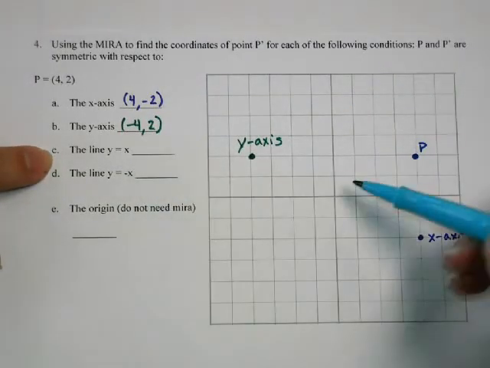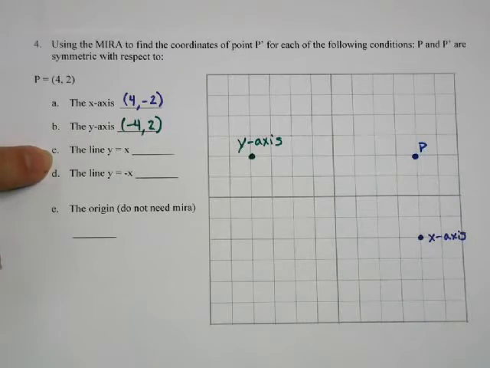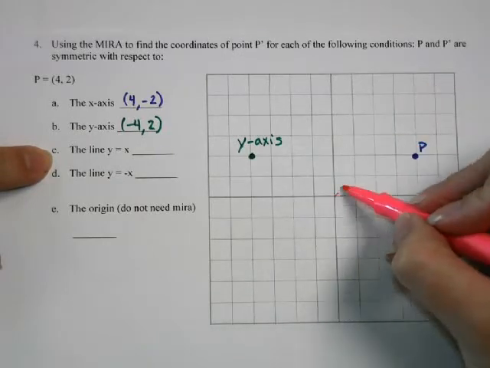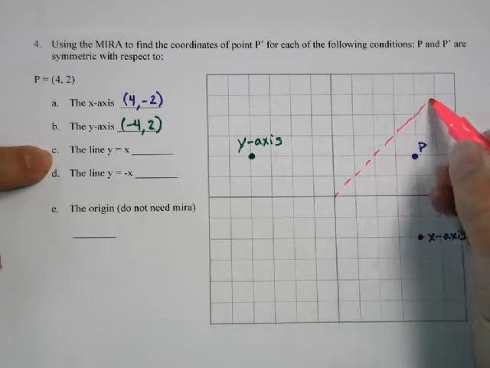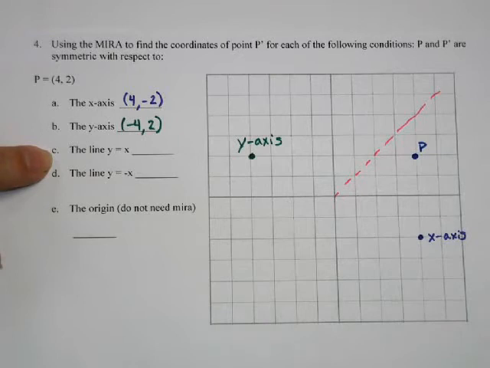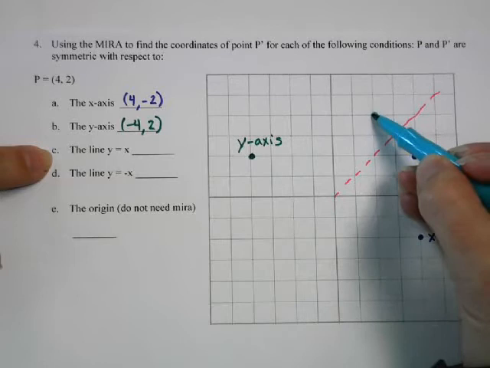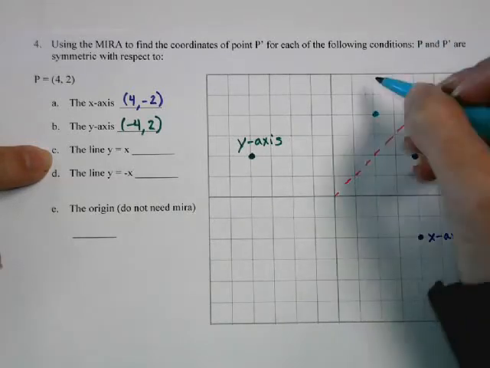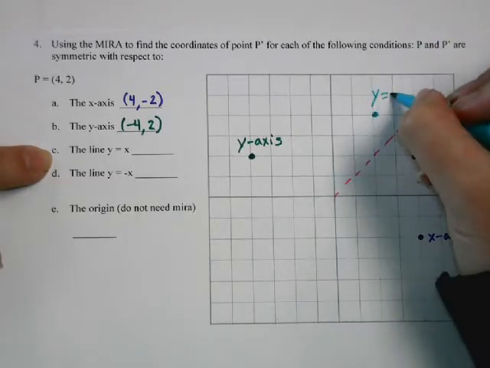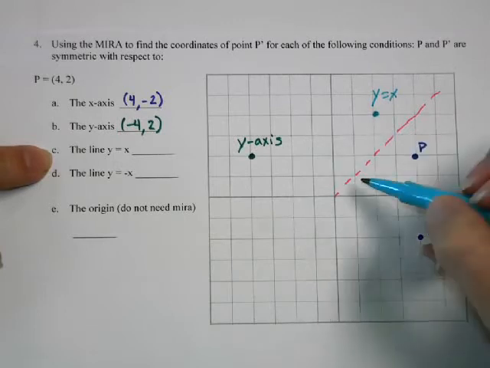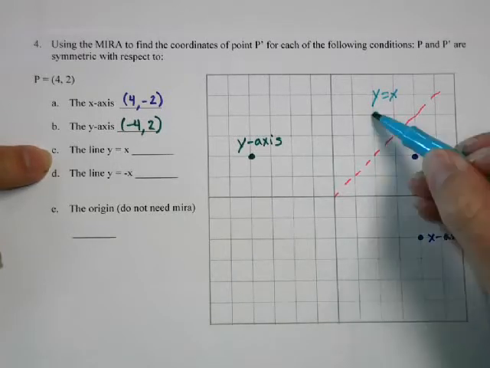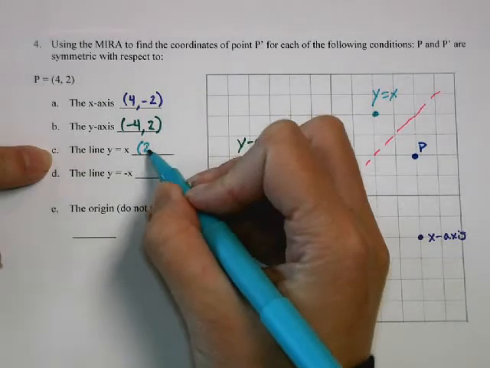Okay, we're going to take it over the line y equals x. So let's go ahead and draw my line, and then we're going to go straight to this line and straight across. Okay, so if we look at the coordinates there, we're at 2, 4.